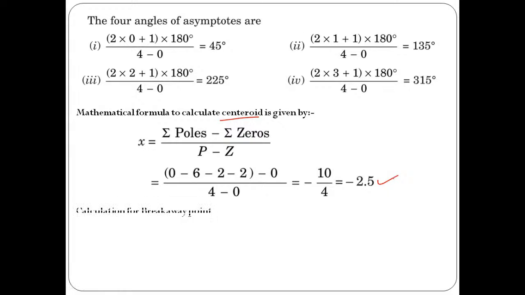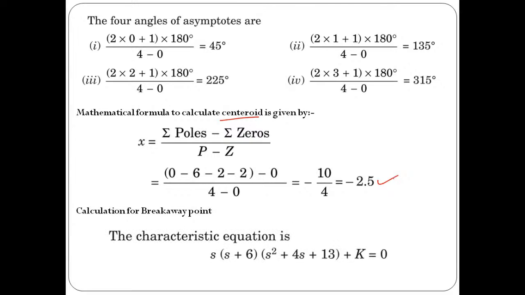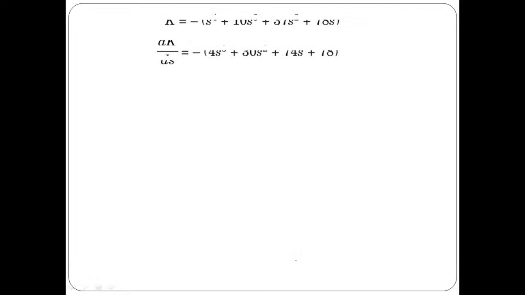And then calculate the breakaway point. As I told you, in order to calculate a breakaway point for any system, first of all we need to obtain the characteristic equation for that system. The characteristic equation is like this. Then we arrange this equation in terms of k, take dk by ds, and equate that to 0.